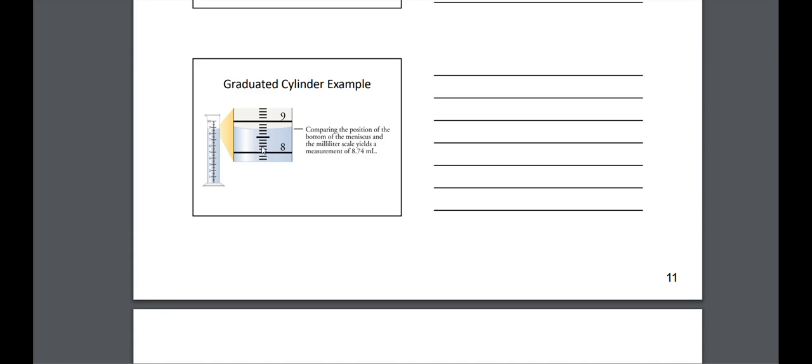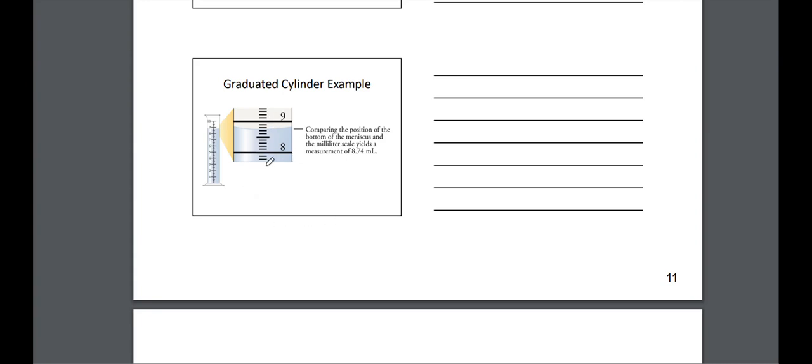So if you count 1, 2, 3, 4, 5, 6, 7, 8, 9, 10 marks, every single graduated mark here is 0.1 mL. So it's 8.1, 8.2, 8.3, and so on and so forth, 8.9, and then you go to 9 mL.